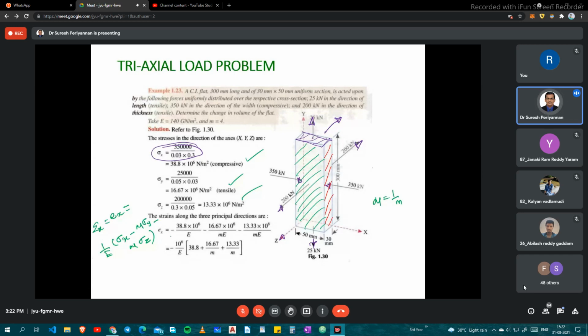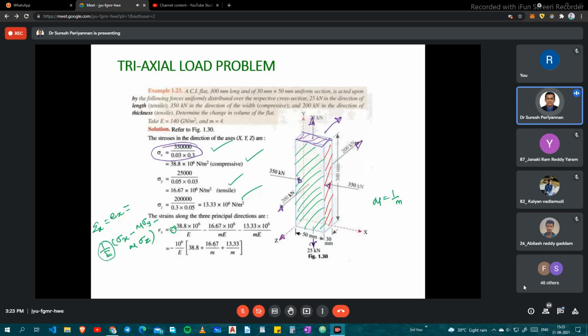Now here this is a minus. Usually in the x direction the stress component is compressive, hence it will be a negative sign here. Only one thing I am explaining, the remaining you can do yourself. E is common to all.